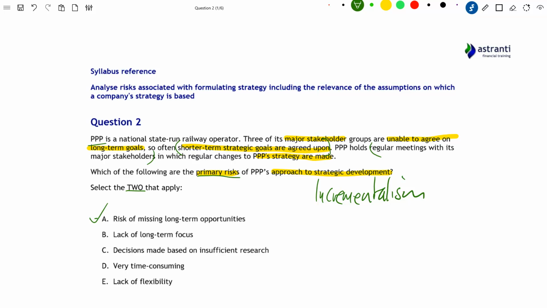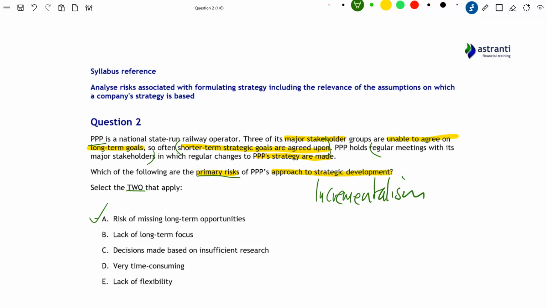And the next answer, lack of long-term focus. I don't think this is going to be very hard to realize, they're quite linked together. So if we've got a lack of long-term focus, it means, again, just like we saw with our previous answer, we're focusing on the short term. And this focus on the short term could prevent decisions being made that are going to benefit PPP in the long term.